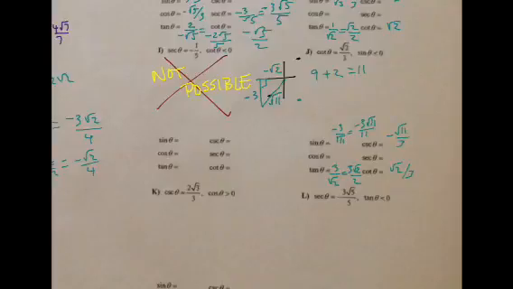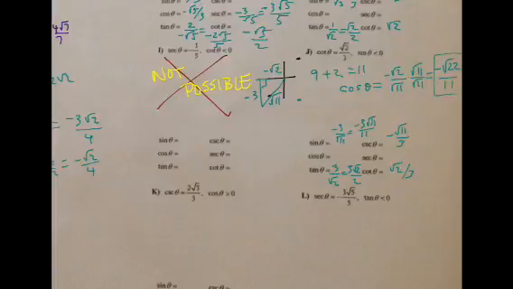Cosine is x over r, so I'll just put the work right here because there's not enough space. It's negative radical 2 over radical 11. So we have to rationalize. So that's going to give you negative radical 22 over 11.